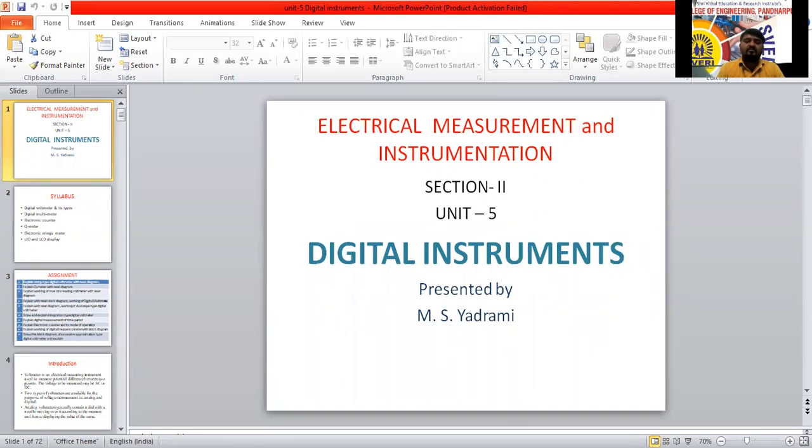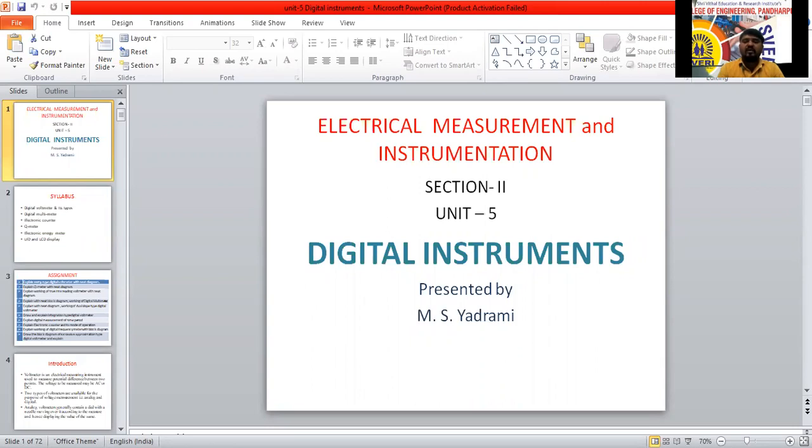Explain with neat diagram working of dual slope type digital voltmeter. This is one type of digital voltmeter again. Ramp type, true RMS type, dual slope type, integration type, successive approximation type, like that, 5 types are there in the digital voltmeters.